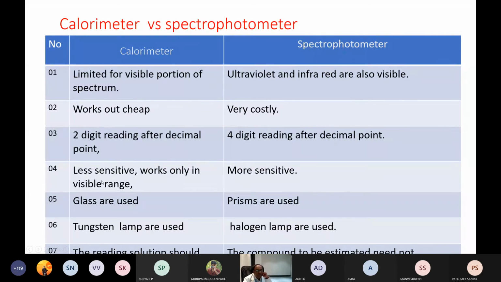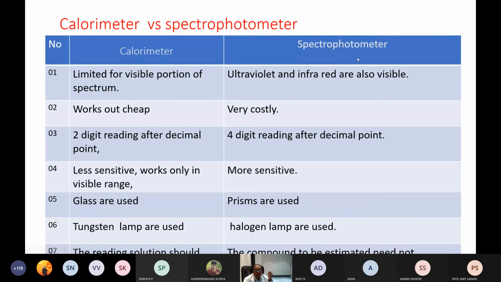The colorimeter is also more sensitive to outside circumstances, like the atmosphere or the heat outside, which can affect the light absorbance. All these things will be affected, whereas in the spectrophotometer that cannot happen because there is a closed compact chamber wherein you measure the cuvette.